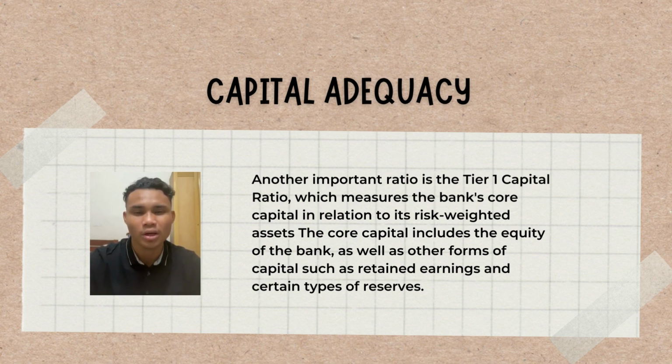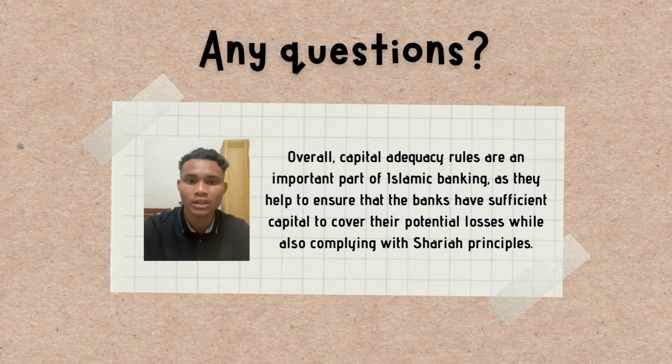The core capital includes the equity of the bank as well as other forms of capital such as retained earnings and certain types of reserves. Overall, capital adequacy rules are an important part of Islamic banking as they help to ensure that banks have sufficient capital to cover their potential loss while also complying with Sharia principles.